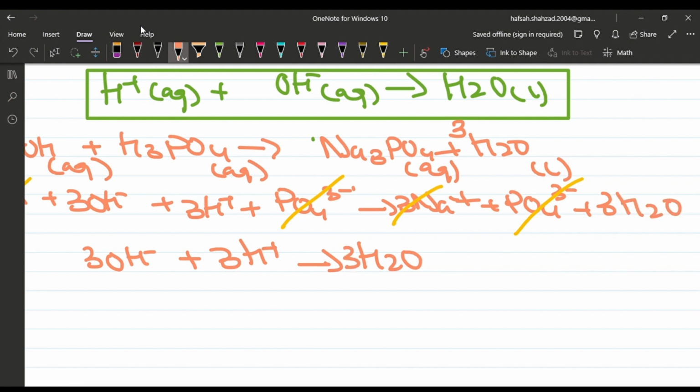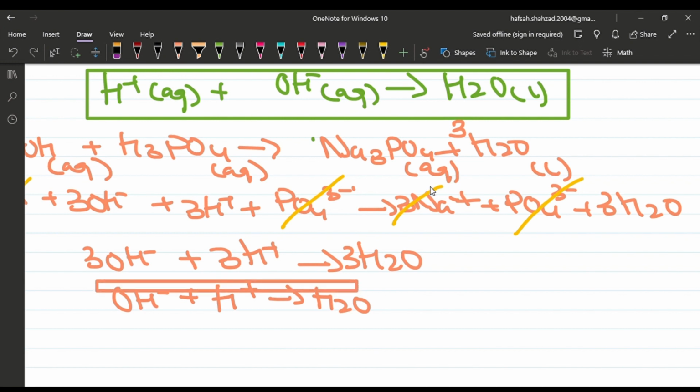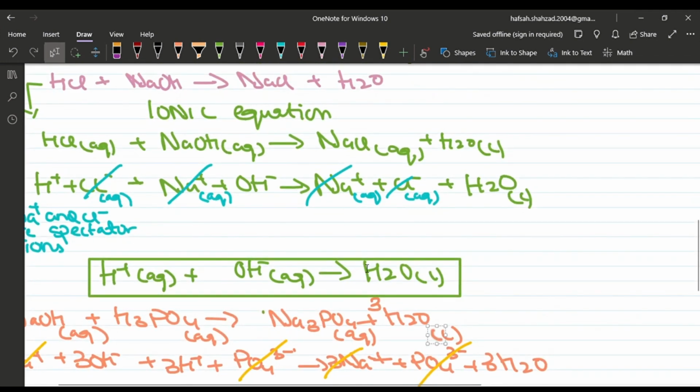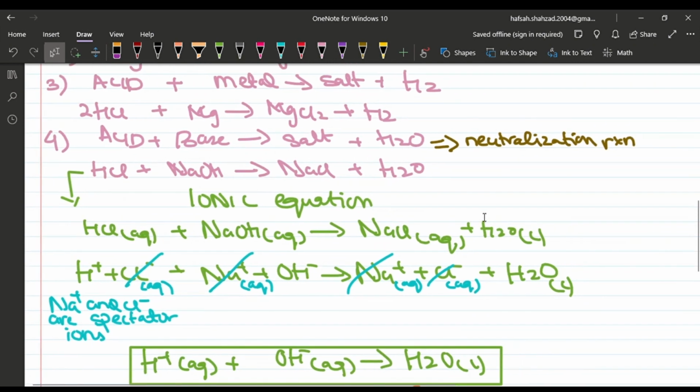So obviously we have 3 everywhere, so 3 will be cancelled out again, and we are left with OH plus H plus into H2O. Now this again, as you saw before as well, is the neutralization equation, the ionic equation of any strong acid and strong base reacting together. That's all for your ionic equations.